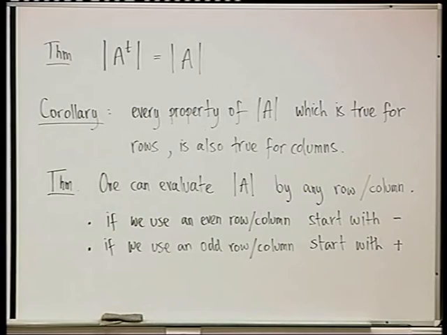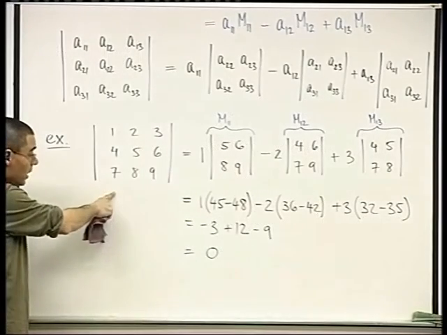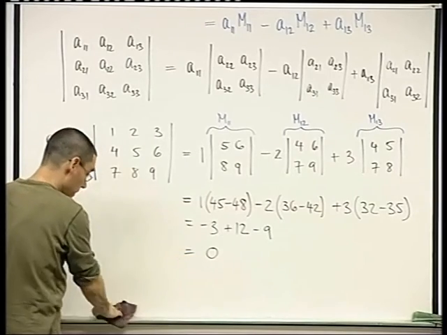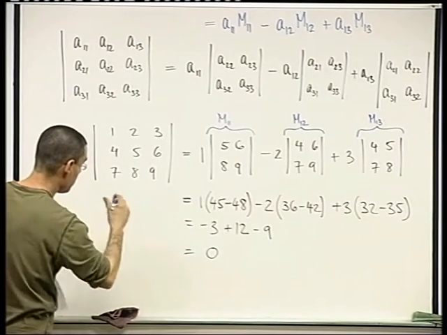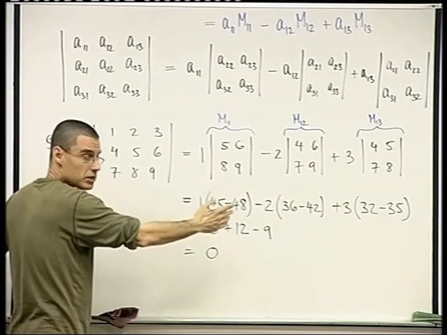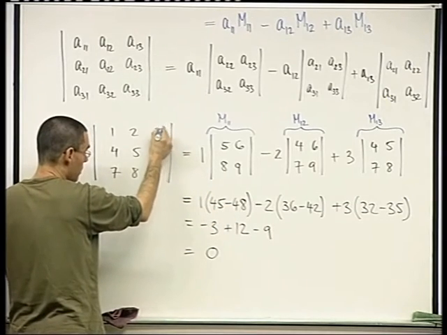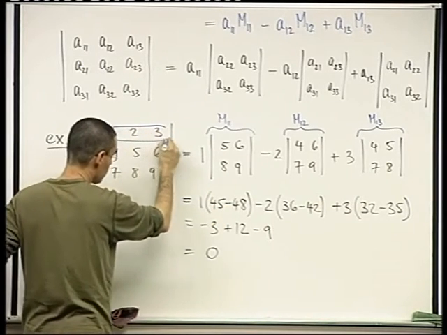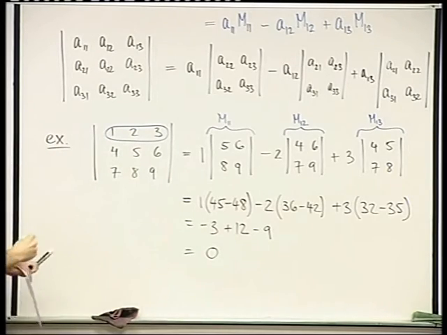Let's take this exact example over here on this board. Remember that we got 0. We got 0 when we evaluated the determinant using this row. That's what we did. Right? Let's do it differently now.